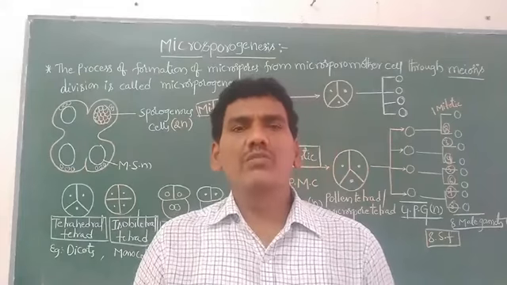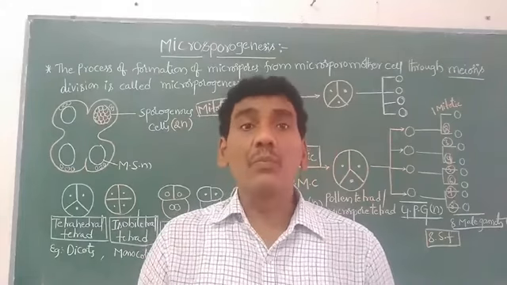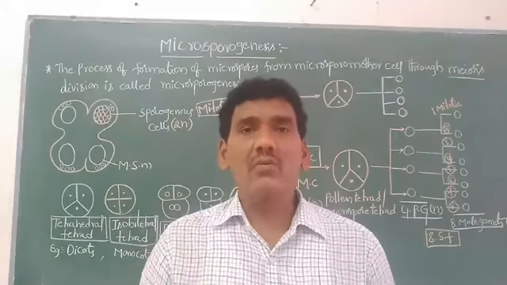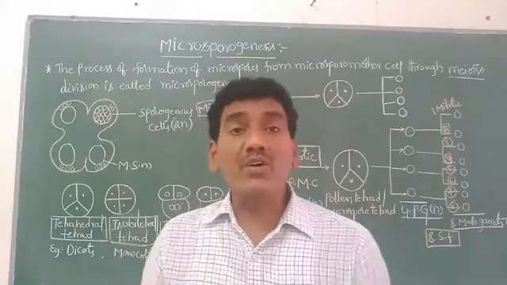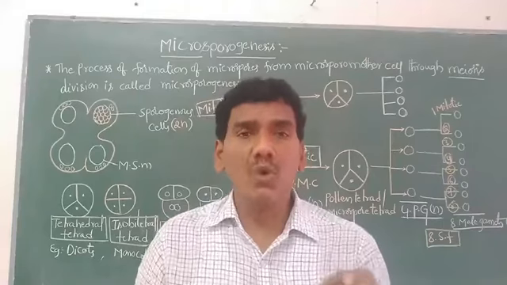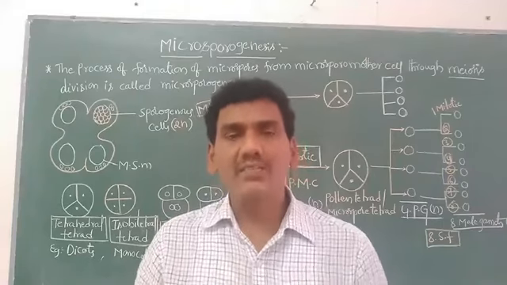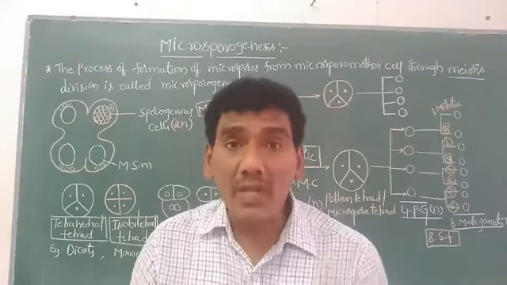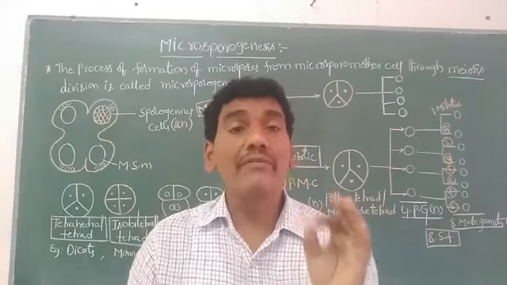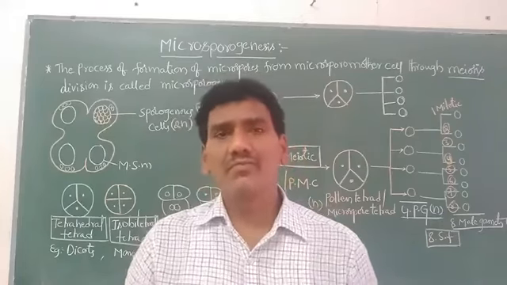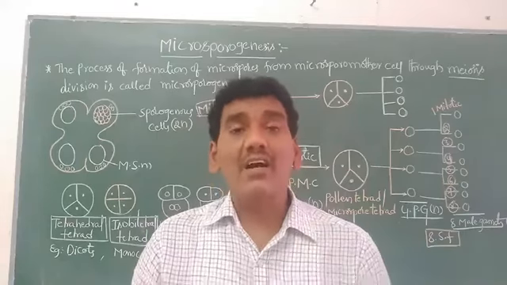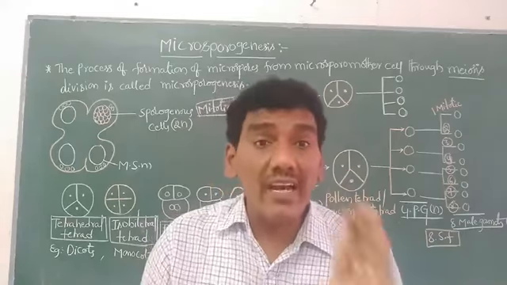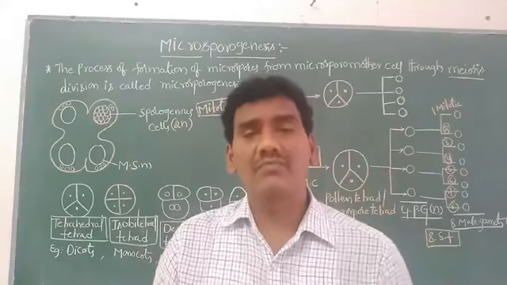Today we are going to discuss an important concept: microsporogenesis. In microsporogenesis, mostly we discuss how to develop the pollen grains from the anther. You know that in previous classes you have already heard the structure of the anther.